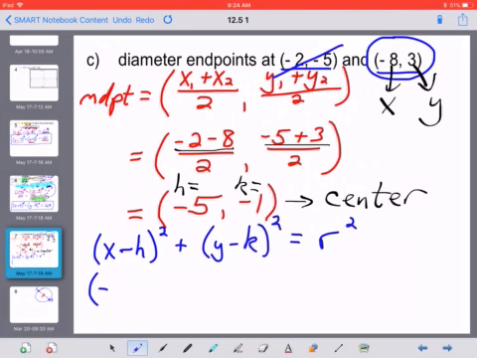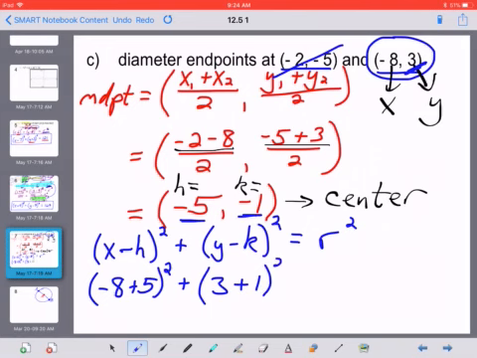Our x value is a negative 8, and then minus h. Well, h right here was negative 5, and minus negative 5 is going to make a plus 5. Close it, square it. Plus, and now on the second part, our y value right over here is 3, minus our k value of negative 1, so that'll actually become a plus 1. Close it and square it, and all of that is equal to r squared.